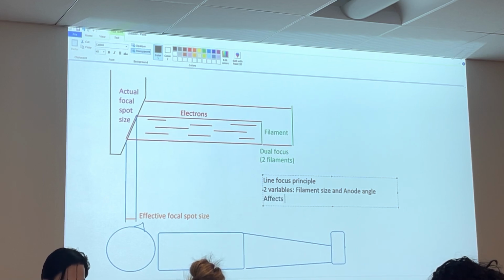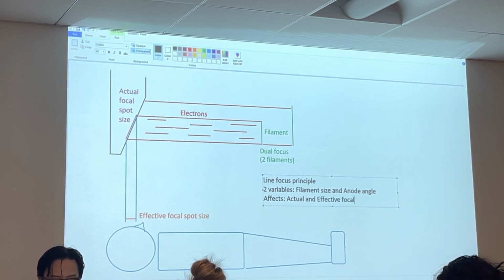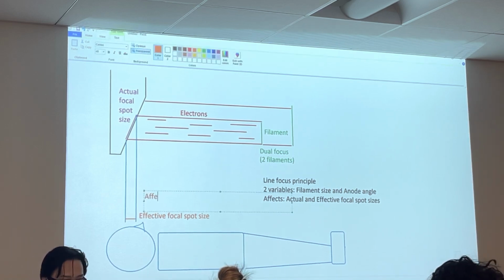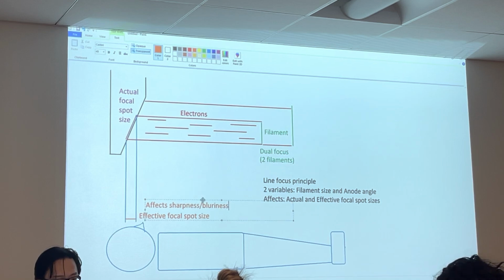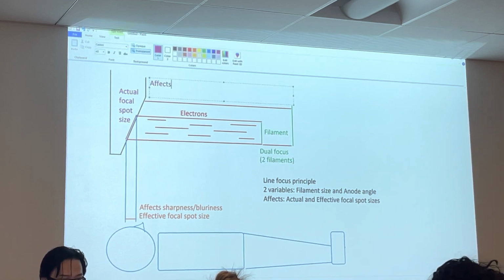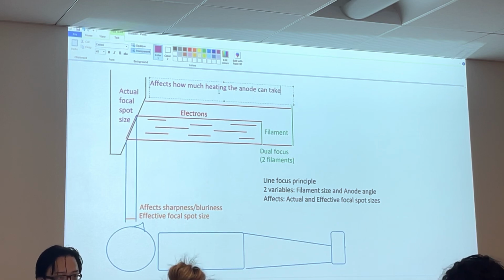Affects actual and effective focal spot sizes. Effective focal spot over here affects sharpness or blurriness. And then actual focal spot size up top here affects how much heating the anode can take.